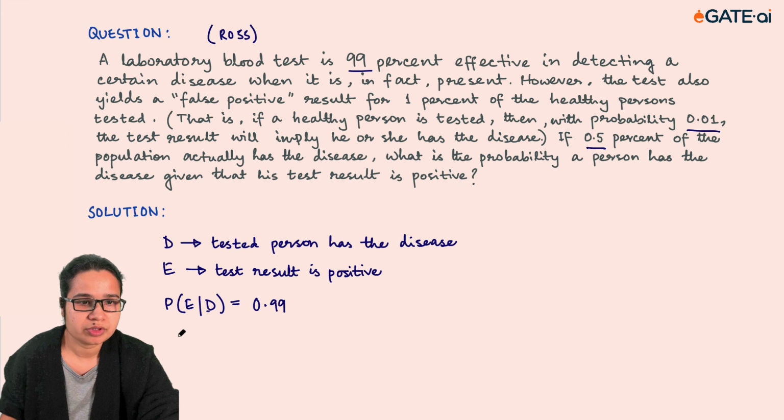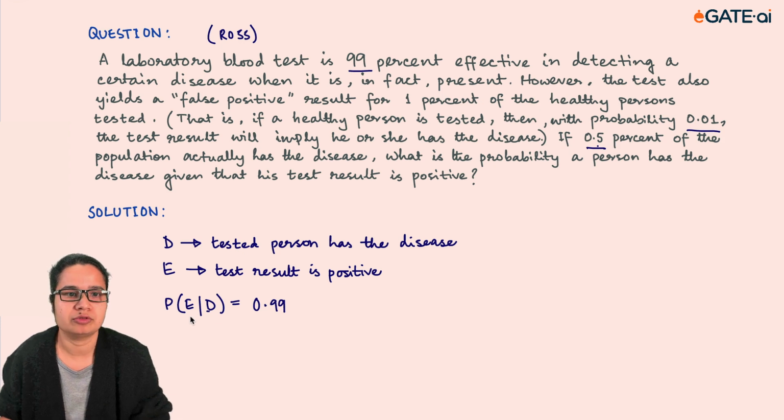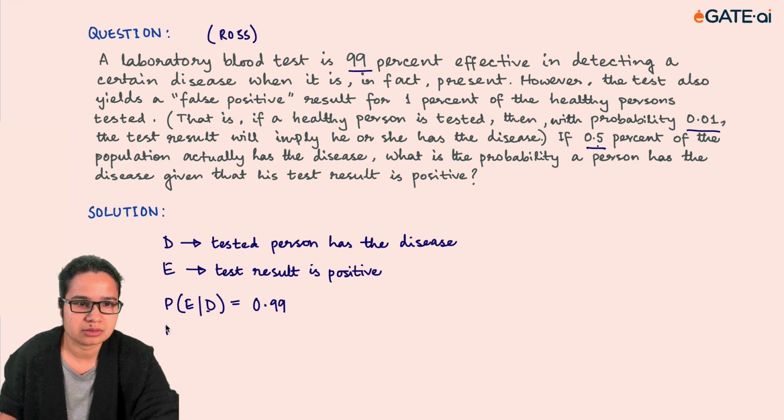Now what else do we know? We know that 0.5% of the population has this particular disease. Irrespective of whether the test is done or not, even if you do not consider any test being done, 0.5% of the population has the disease. So that's the probability of D, that the person has the disease, which is 0.5%, so 0.005.